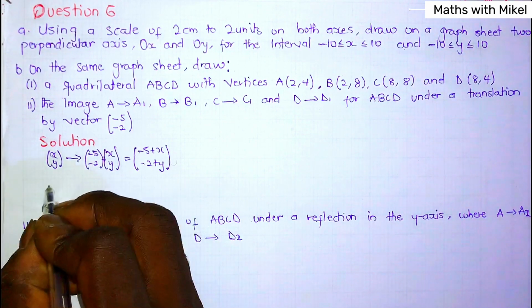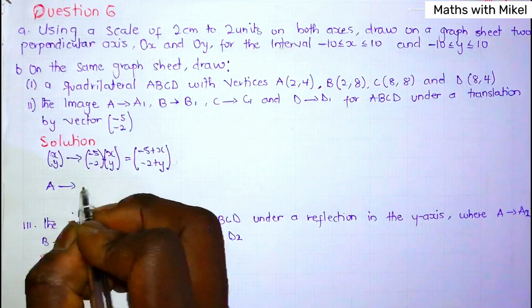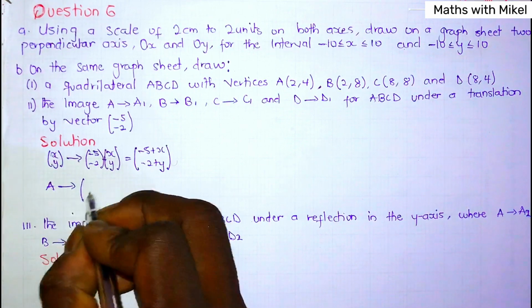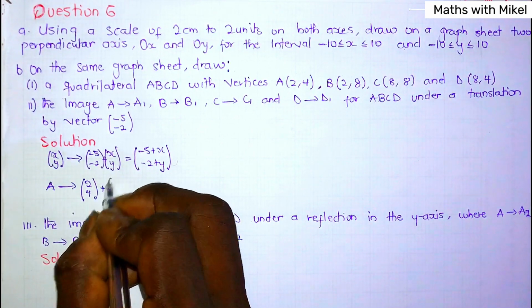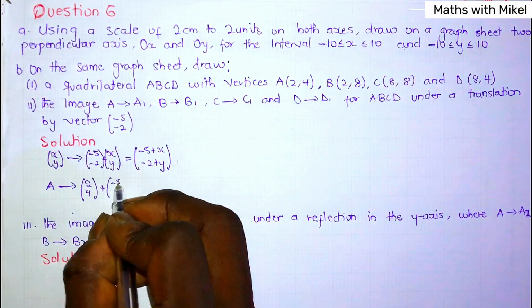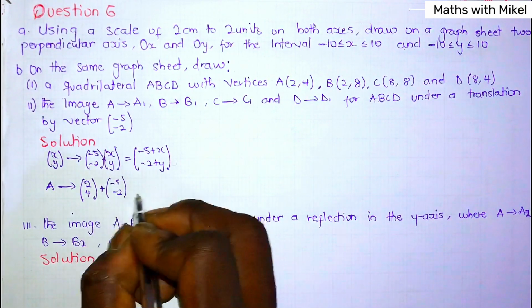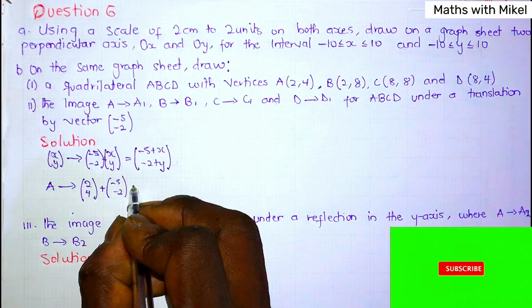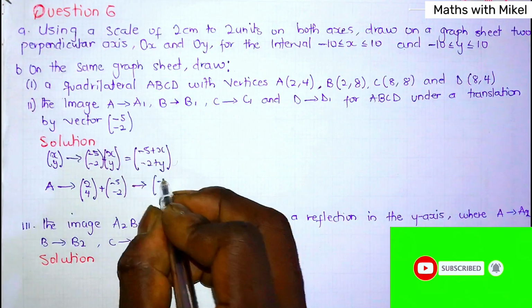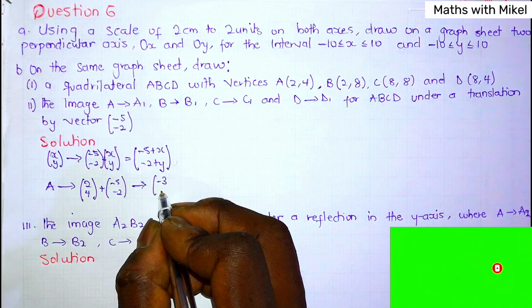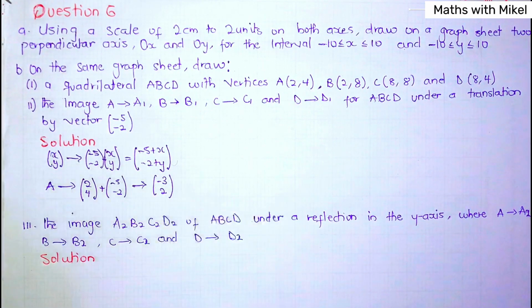So the first point, A, we had A was (2, 4). So you get (2, 4) plus (-5, -2). And this gives us -3, 4 minus 2 is 2.